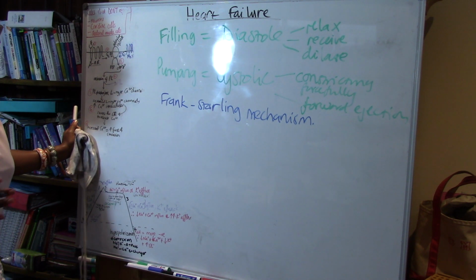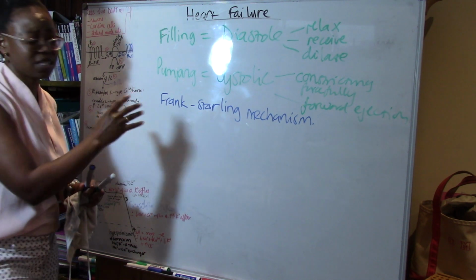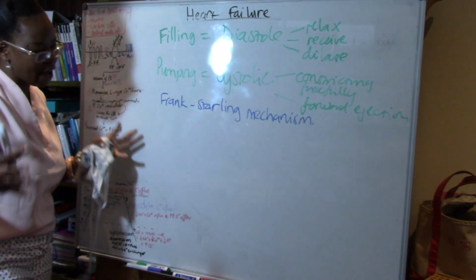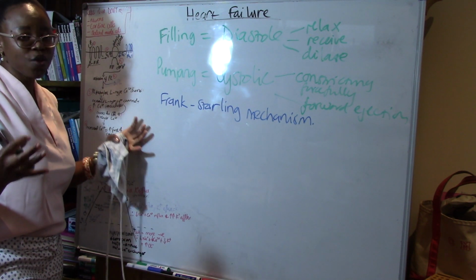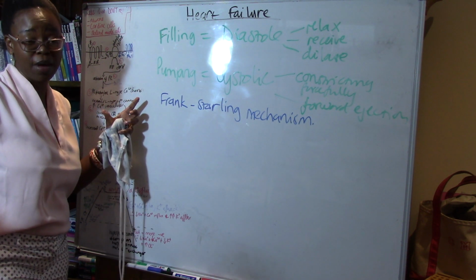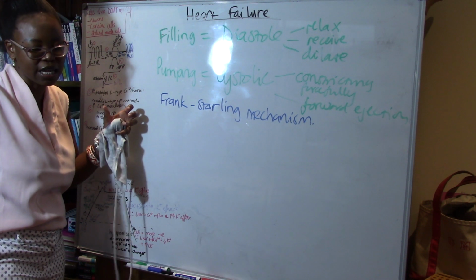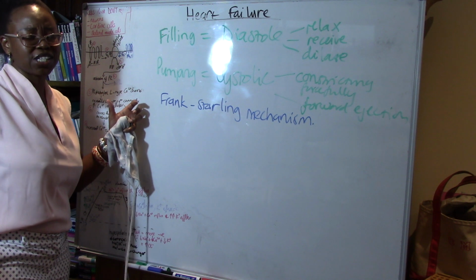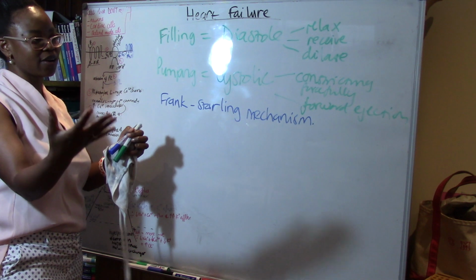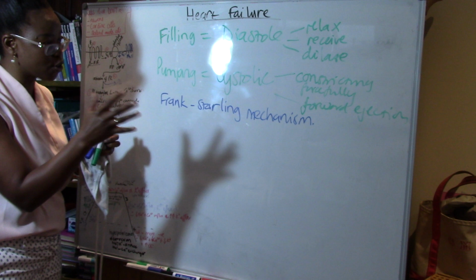With the Frank-Starling, all that it explains is that if you increase the volume of blood in a ventricle, you allow that ventricle to dilate, and it's like an elastic. It will stretch the ventricle, the myocytes, and as the myocytes stretch and fill with volume, the force of contraction will increase and blood will be ejected out of the ventricle more forcefully.